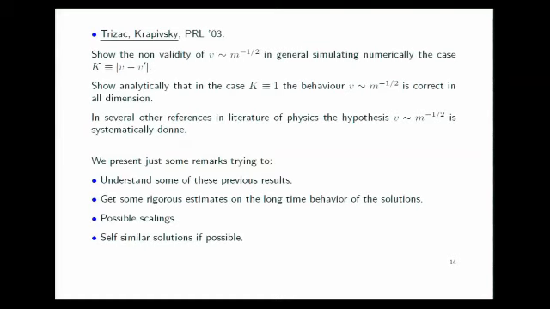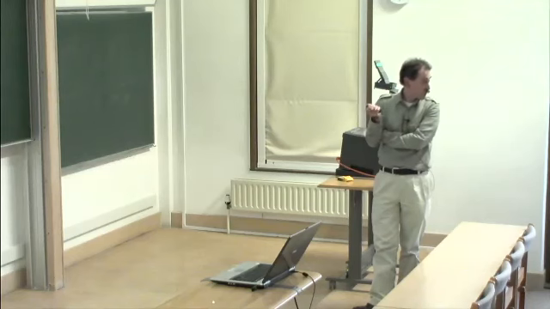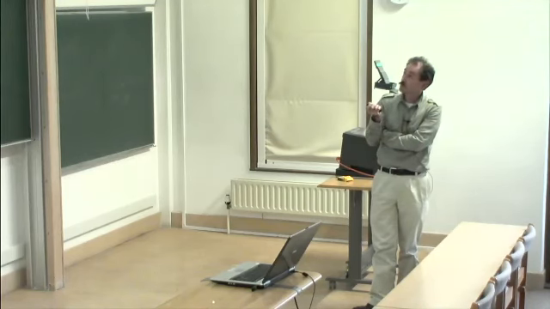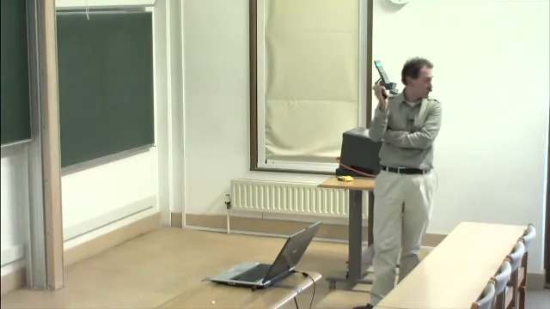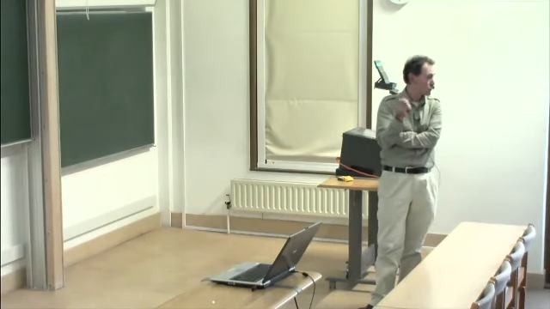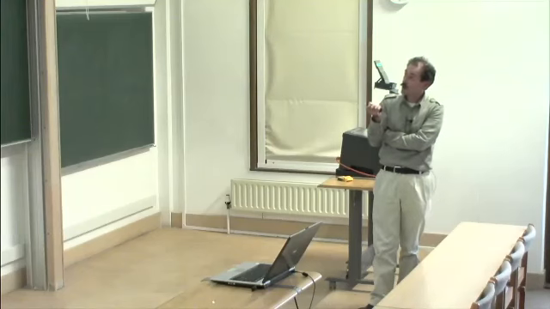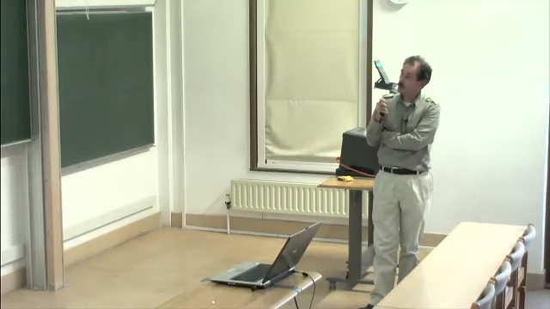Well, they consider a case with a constant coagulation kernel, for which this scaling is correct, and then they obtain the power law predicted by Carnevale, but just for that constant kernel.